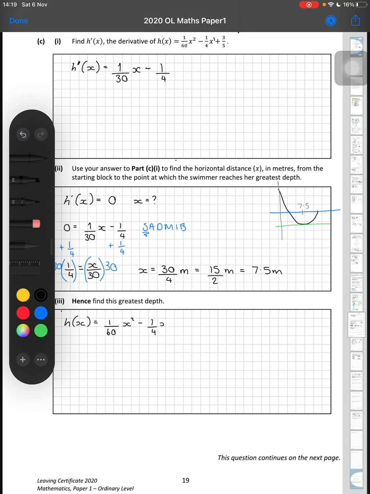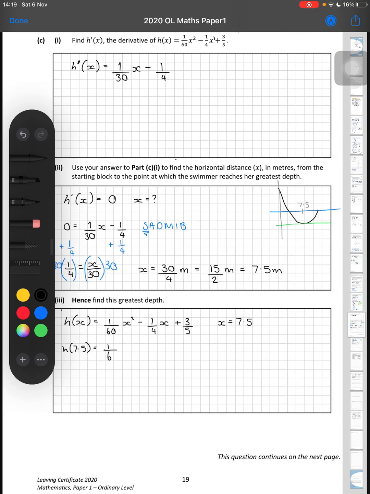I know that h of x is equal to, it has it up here at the top, 1 over 60 x squared minus a quarter x plus 3 over 5. So I'm going to fill in my x value there of 7.5.